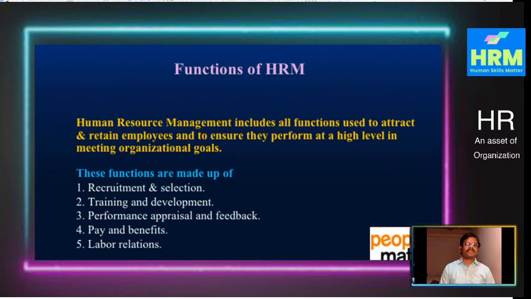In that context, these functions are made up of recruitment and selection, training and placement, performance appraisal and feedback, pay and benefits, labor relations, industrial relations, compensation management, and labor welfare and social security. You'll find several functions that are there with human resource management.